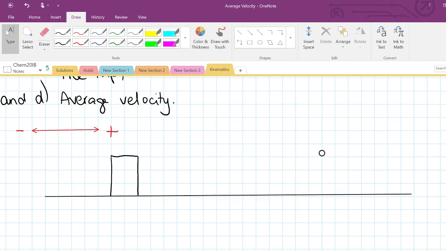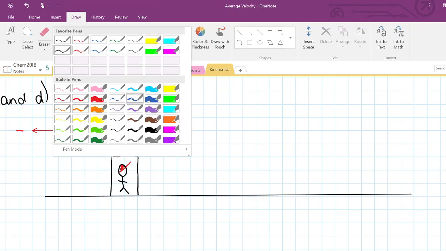Okay, so there's my hallway. Here's my classroom. Here's Nick heading out the door with his cool red hat. Nick, when he leaves, and we're going to maybe use, let's say, a thicker pen here.